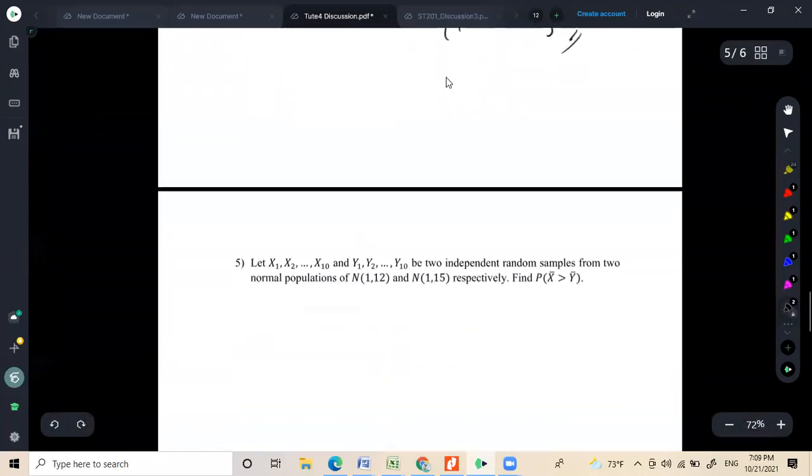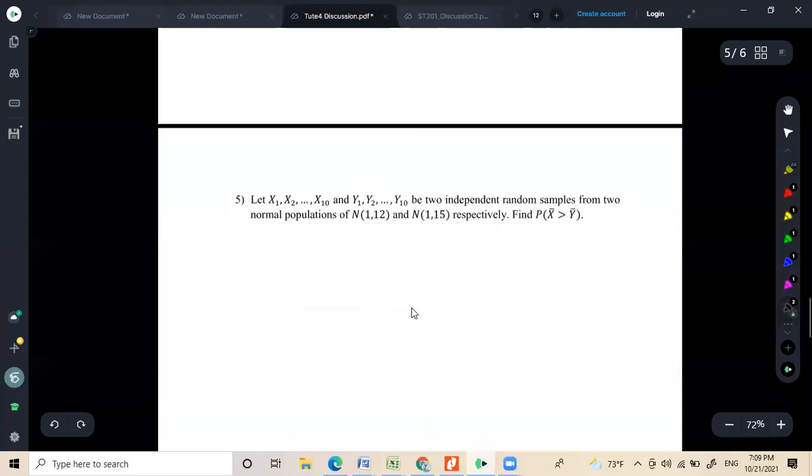So let's move on to the next one. This is the central limit theorem. I think it's better to discuss this one. You have a random sample x1 up to x10 and another one y1 up to y10, two independent random samples from two normal distributions.